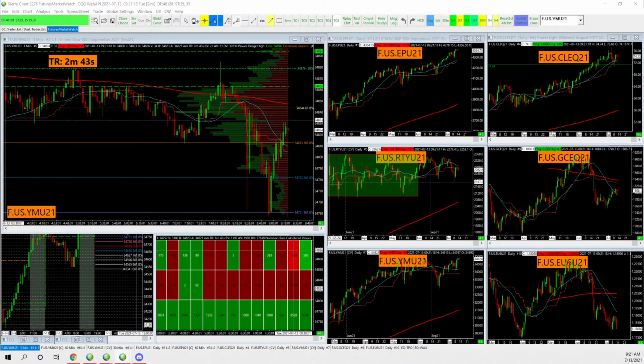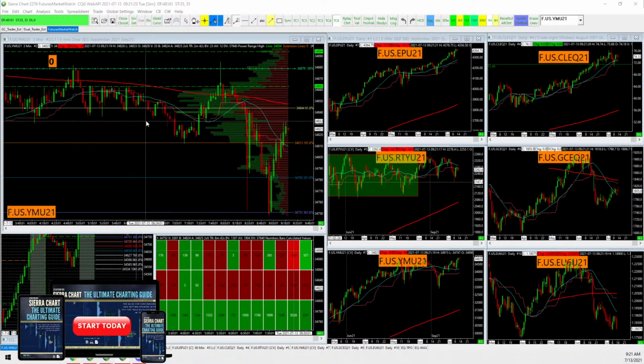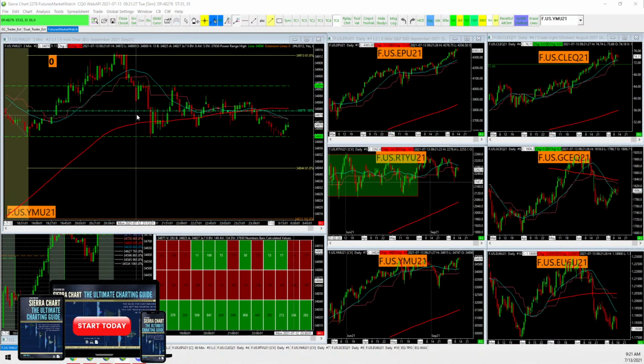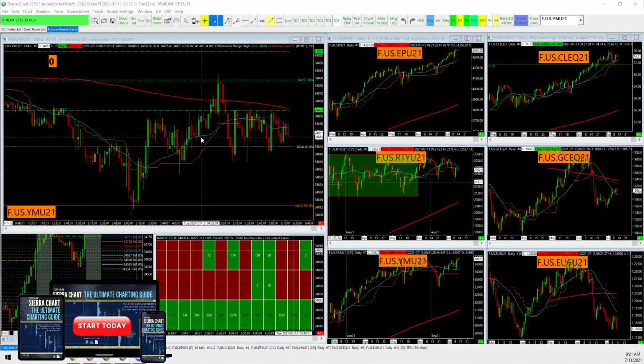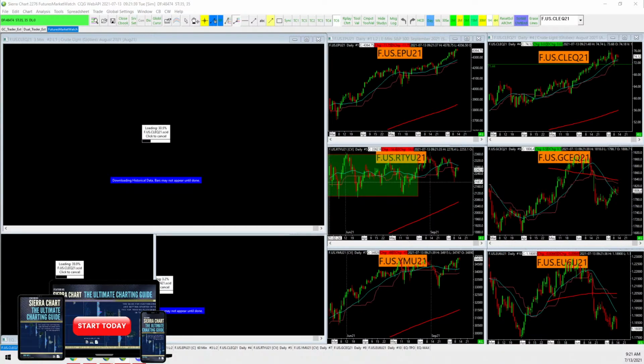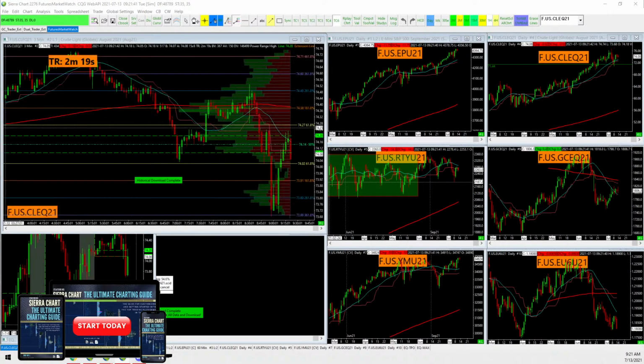Not so much with YM. It actually kind of looks normal with YM, where we were already trading bearish of the power range. I already had that bearish price action structure forming before that sell-off, and it's retracing that at this moment. So that's pretty much just an overview of the market pulse.